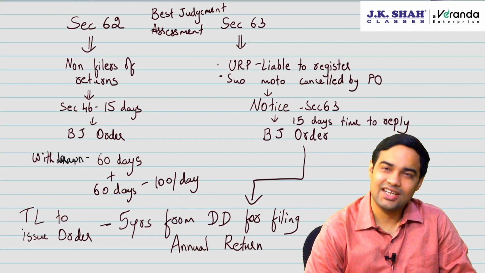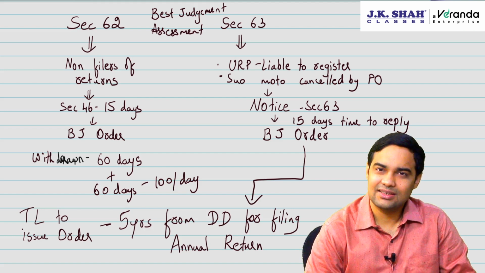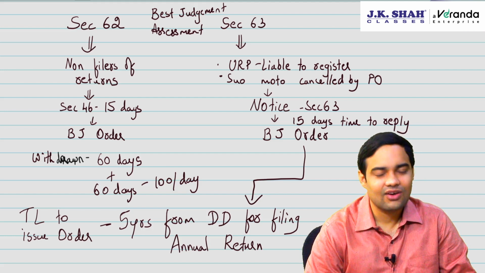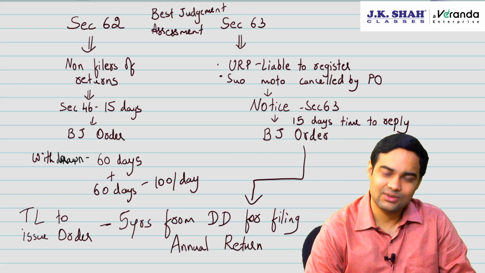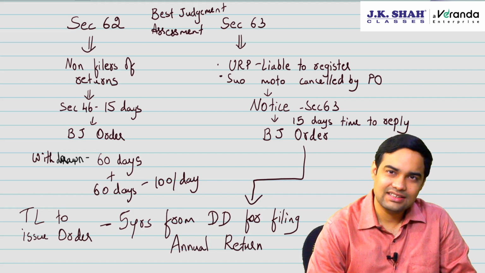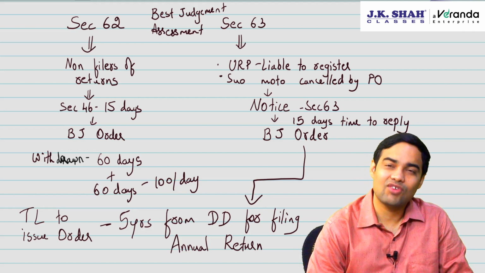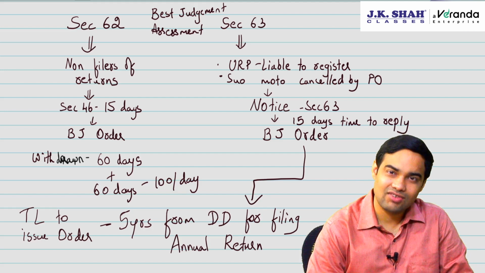So it's very quick. 62 deals with non-filers of return. 63 deals with unregistered person who was liable to register, or a person whose registration is suo moto cancelled by PO. In 62, notice was already issued under section 46 saying that you have not filed the return, please file it within 15 days.